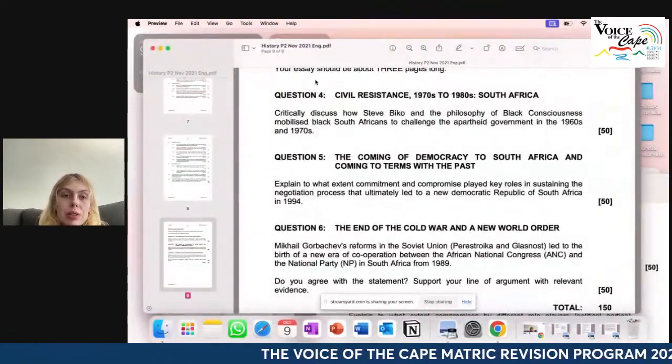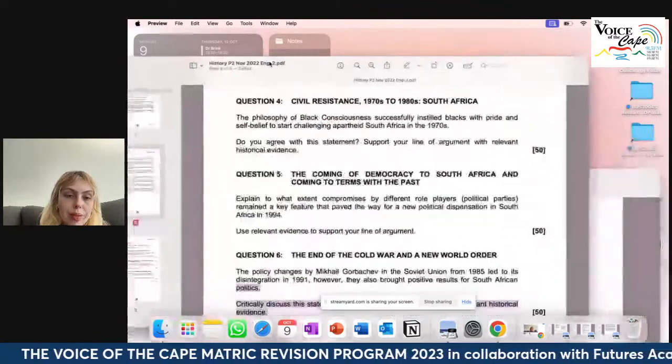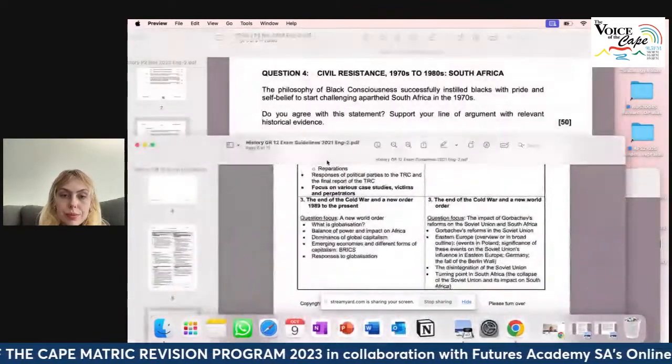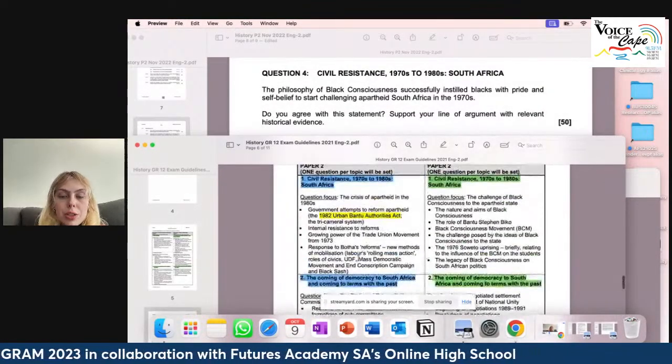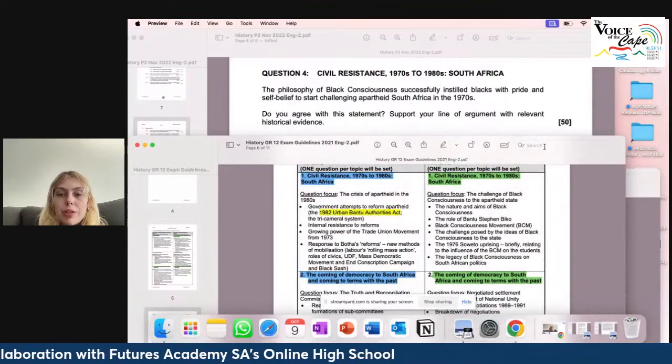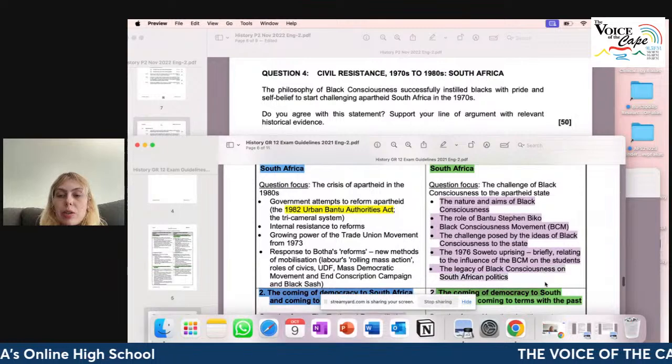So, I'm going to use the 2022 one as an example. What I just want to point out is that these breakdowns here are basically everything you will need to include in your essay.